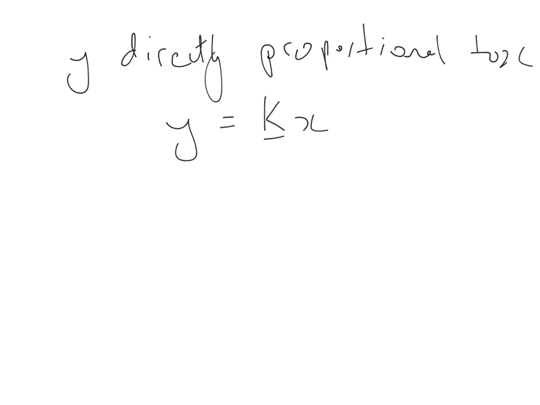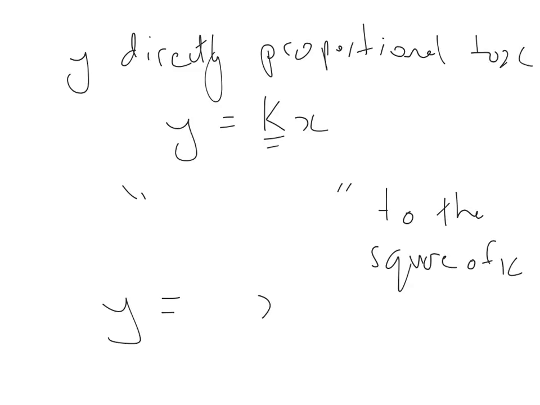There's just some sort of constant being multiplied by x. They also have y is directly proportional to the square of x. What that tells us is that x is being squared, and there is some proportional constant again. So we have y equals kx squared.